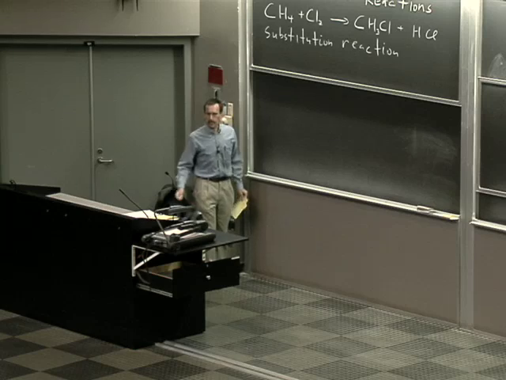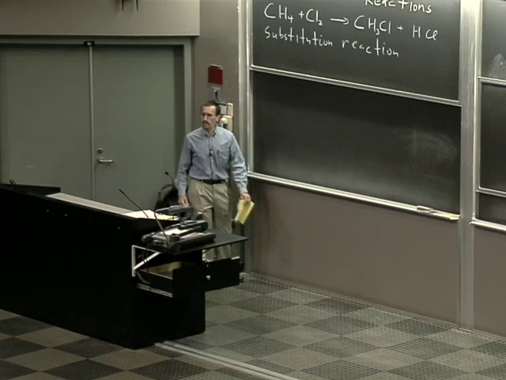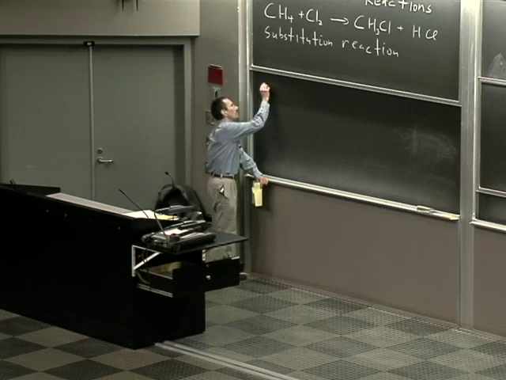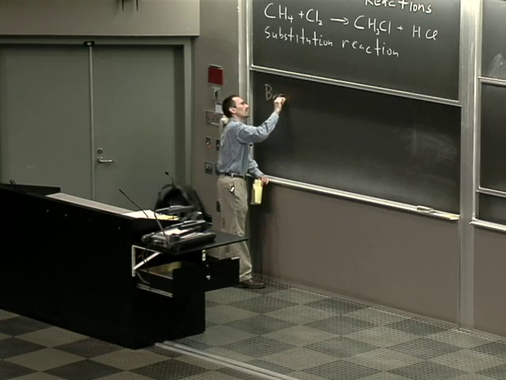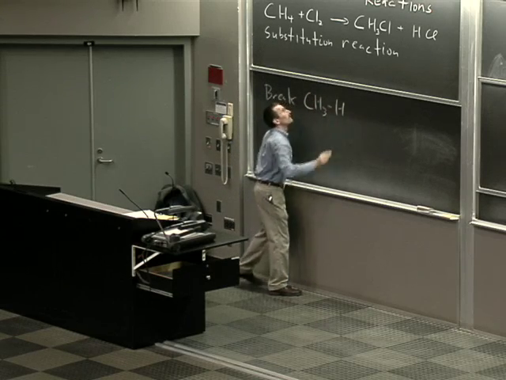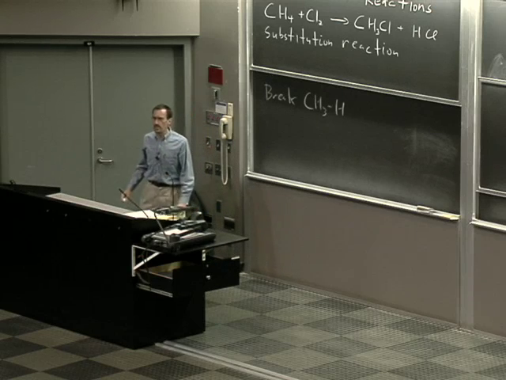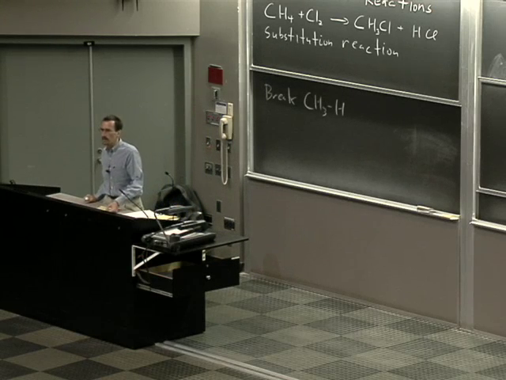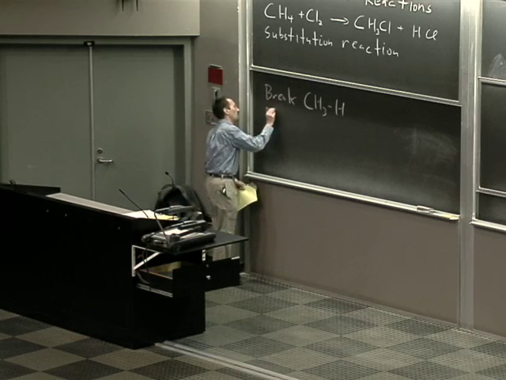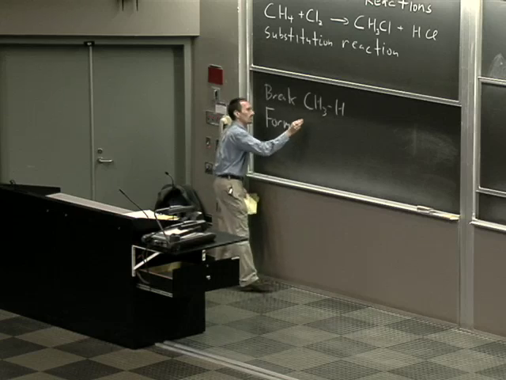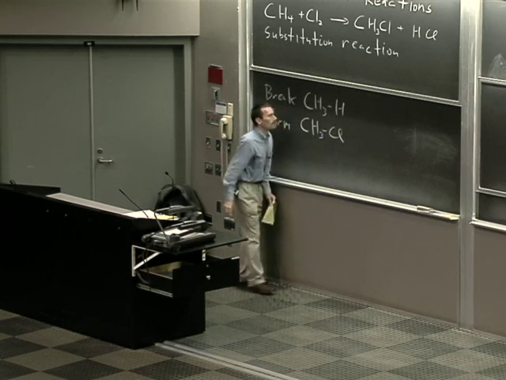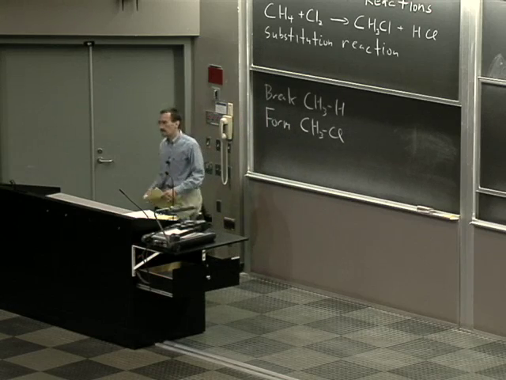And so in this particular case, we're breaking a bond between a carbon and a hydrogen, or more specifically, a methyl carbon and a hydrogen. And we're forming a bond between a carbon and a chlorine, or more specifically, a methyl carbon and a chlorine. So these are the bonds that are being made and broken.